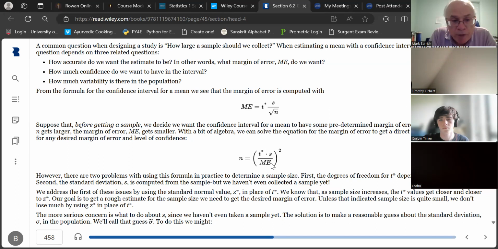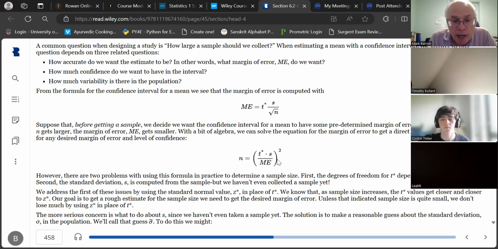Well, one way of doing this is replace the t, and this is the only time you're going to do this, replace the t with a z, with the standard normal. So you're going to use inverse normal, and just in this case, so that you can come up with a reasonable estimate for n, the sample size. So in this formula, you can't find t, so you're going to use z, the standard normal value, and you know how to find it with the inverse normal.